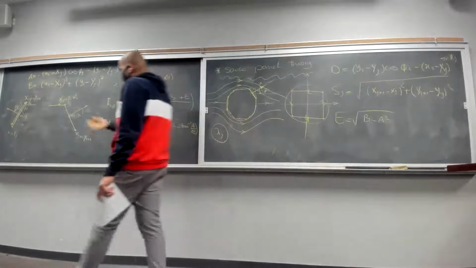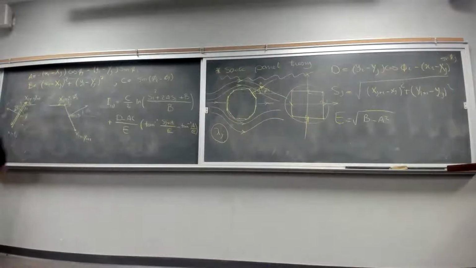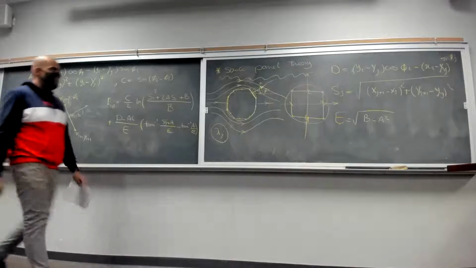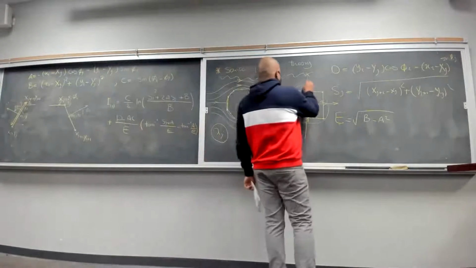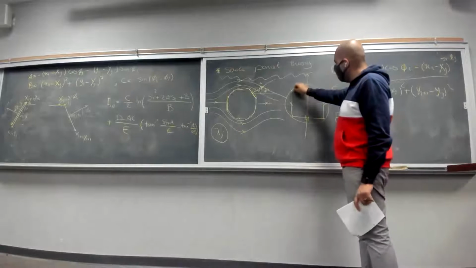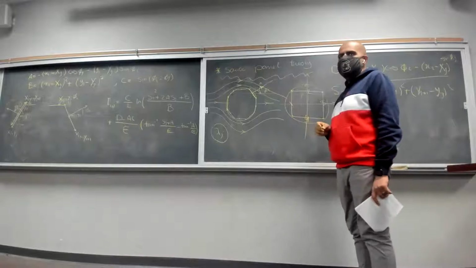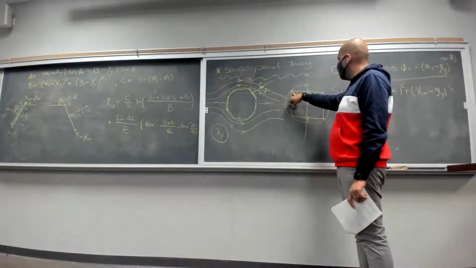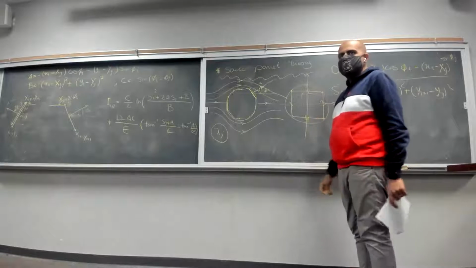So come back here, look at this plot, which is also in your book. You have xj plus 1, yj plus 1, and let's say this is actually with a radius 1, right? What would be the points we're going to get here? The end and starting points for panel 2.